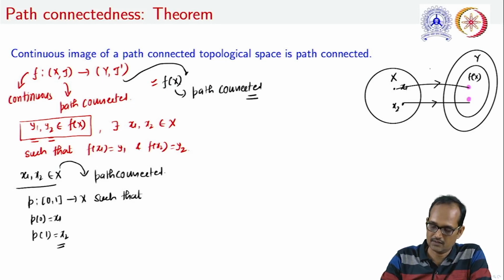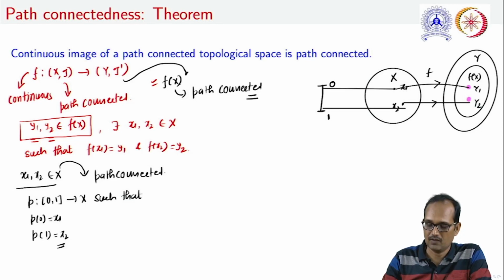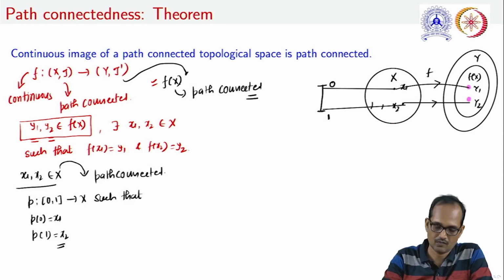That is, this function is f, this is our y1 and this is y2. Also, we have taken an interval, let us take that this is [0,1], and we have shown that p(0) is equal to x1 and p(1) is equal to x2. So this is the function p sending 0 to x1 and 1 to x2.